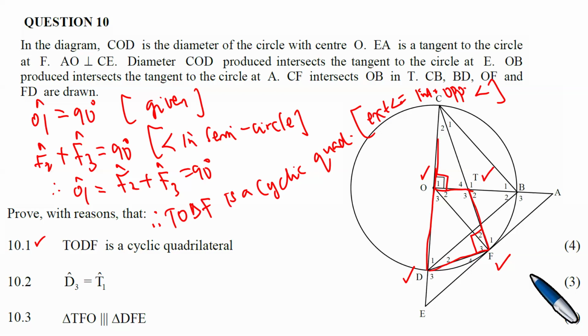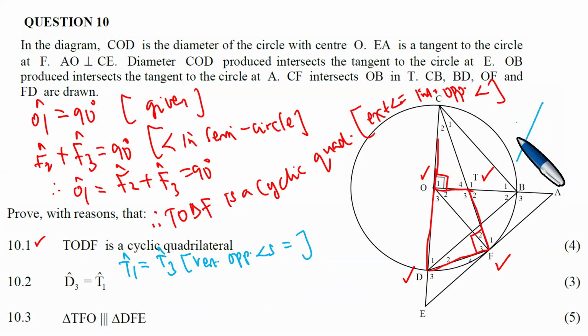This one of 10.2 is very easy, because we know that the angle T1 is equal to the angle T3. Vertically opposite angles are equal, because angles in an X like this we call vertically opposite angles. So T1 equals T3.